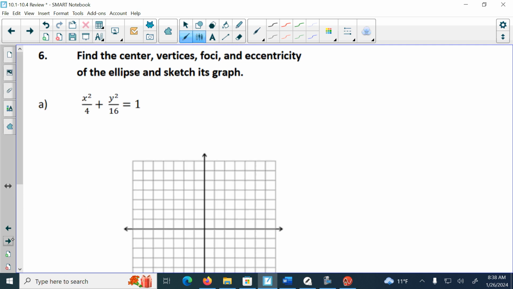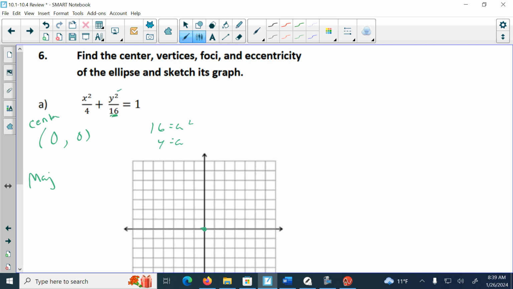Okay, the next one. Find the center, vertices, foci, and eccentricity of the ellipse, and sketch the graph. Since I'm not subtracting anything from the x or the y, the center is 0, 0. The largest number is the 16, so that becomes my a squared, which means a is equal to 4.